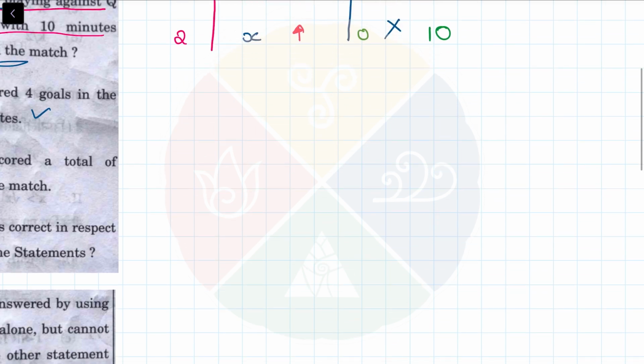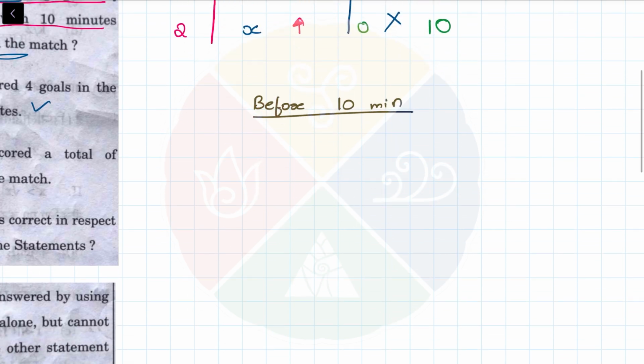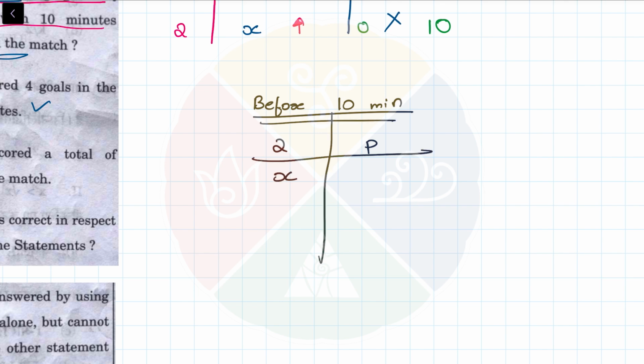I'm going to elaborate on the scenario before the 10 minutes. Before the 10-minute scenario, we have the goals of Q and P. If Q is X, P is X minus 3.